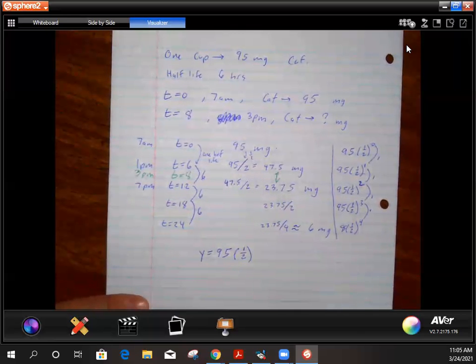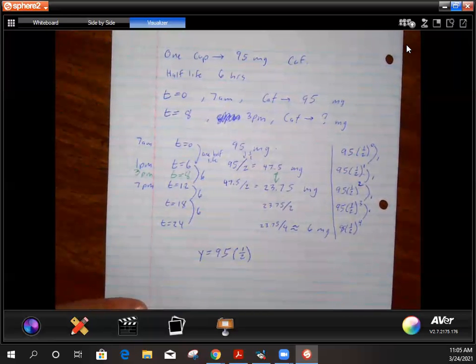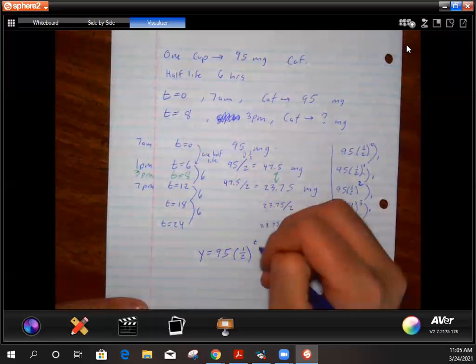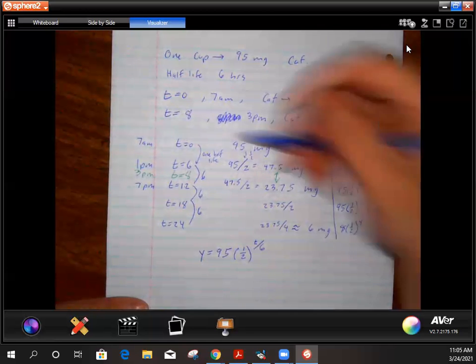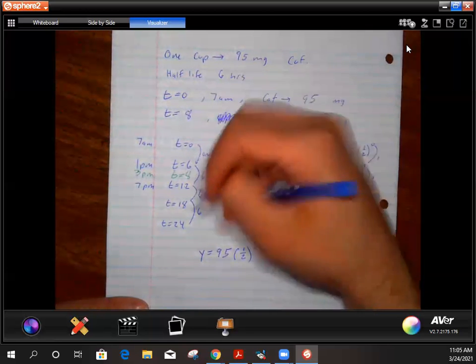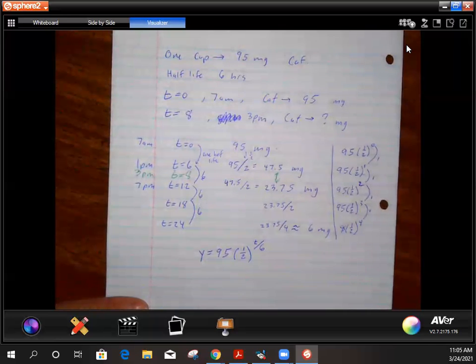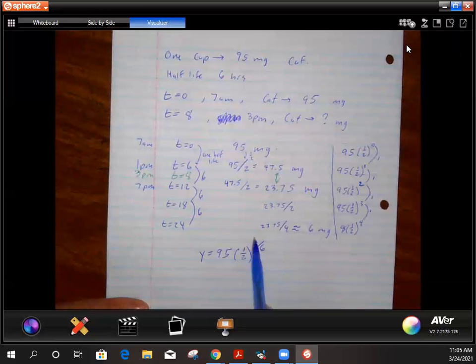And since t is our independent variable and t is in hours, we can raise this to the t over 6 power, because every time the time increases by 6, we want our exponent to increase by 1. So if we plug in 0, the exponent's 0. If we plug in 6, 6 over 6 is 1. If we plug in 12, that's 2 half-lives, our exponent is 2. 18, that's 3 half-lives, the exponent is 3, and so on.